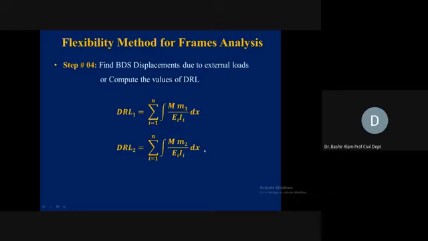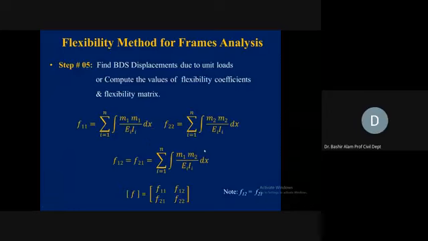You can grab all these values from the table in the previous slide. So here you can see F11 is the combination of the products of small m1s, F22 is the product of the small m2s, again with summation, and F12 is equal to F21, which will be the summation of m1 m2.